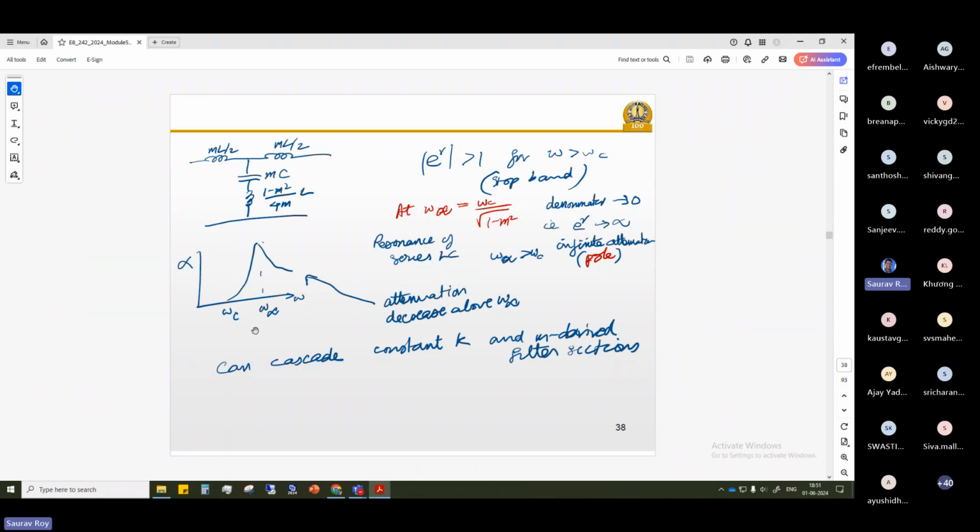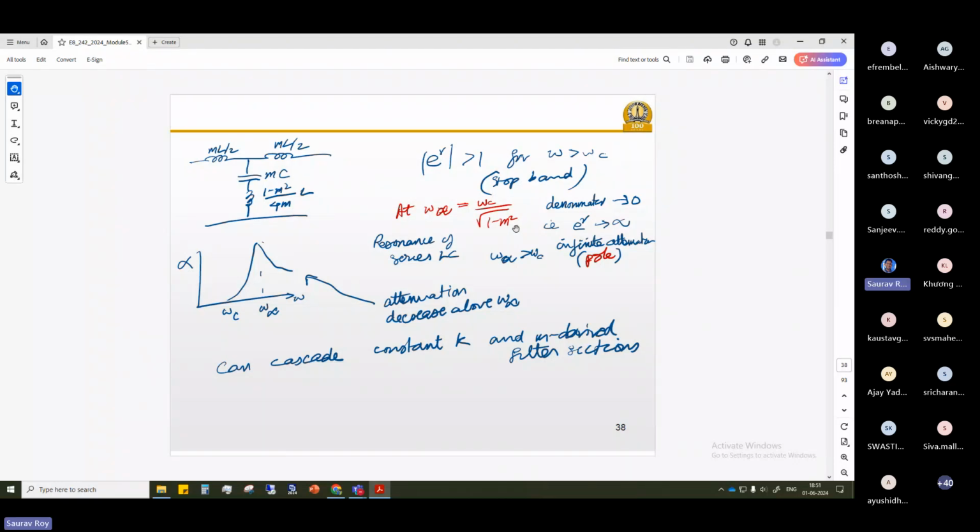Now here we have an additional term called omega infinite. What is omega infinite? It is defined, as in this red, as omega c divided by the square root of 1 minus m square, and m is taken as less than 1.